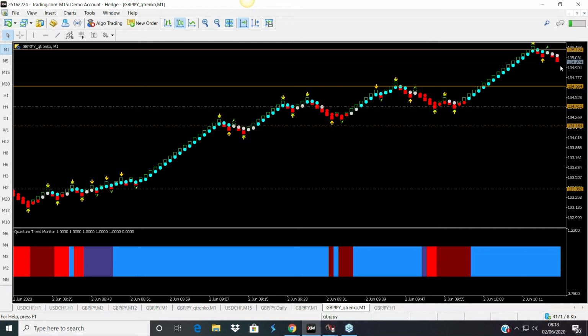What are we actually waiting for here for a reversal? Well, we have the trend dots and we have the trend monitor. We need to see red and we need to see red. As we can see here, it happened here, didn't really go very far, still went into congestion, and then it moved higher. Nothing is guaranteed in trading, but at least it gives you a pretty good idea of what is likely to happen next.